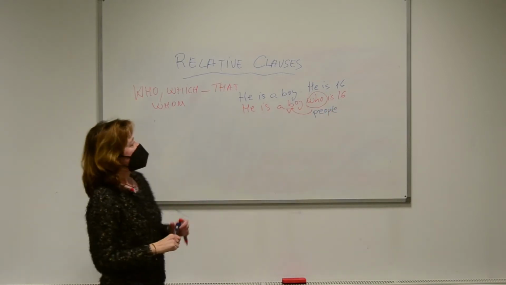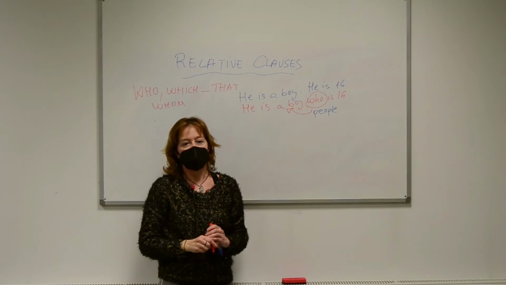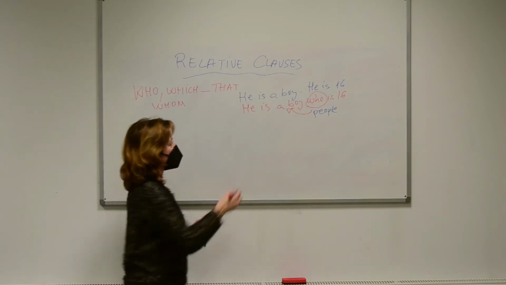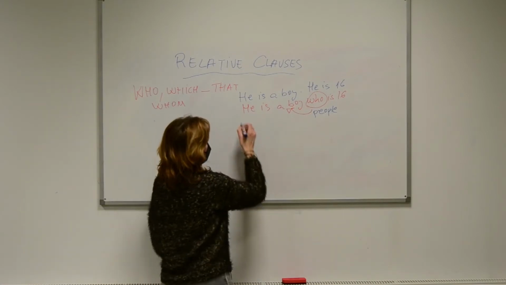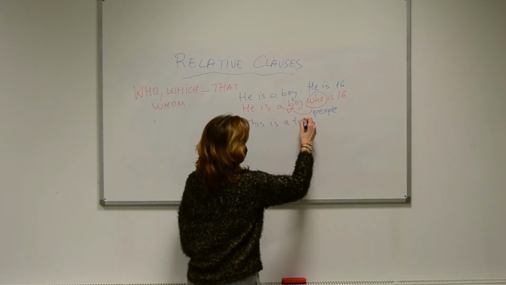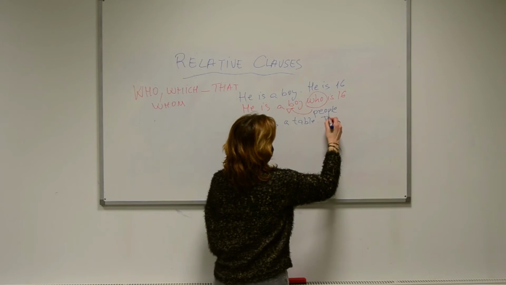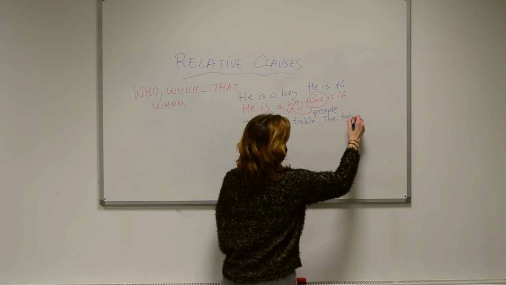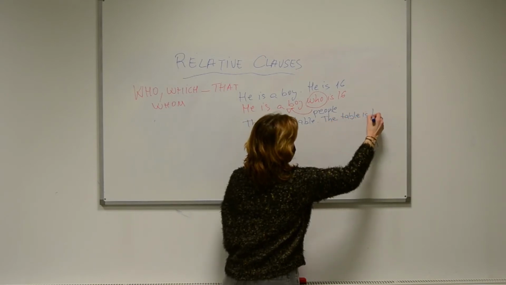And which is a relative pronoun which refers to things. For example, this is a table. The table is brown.